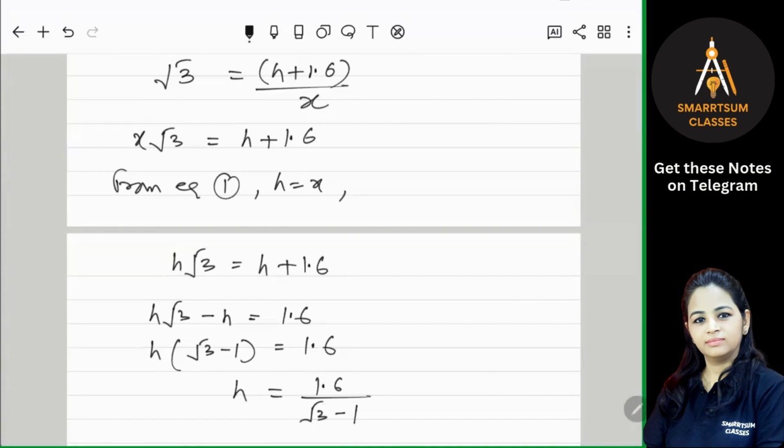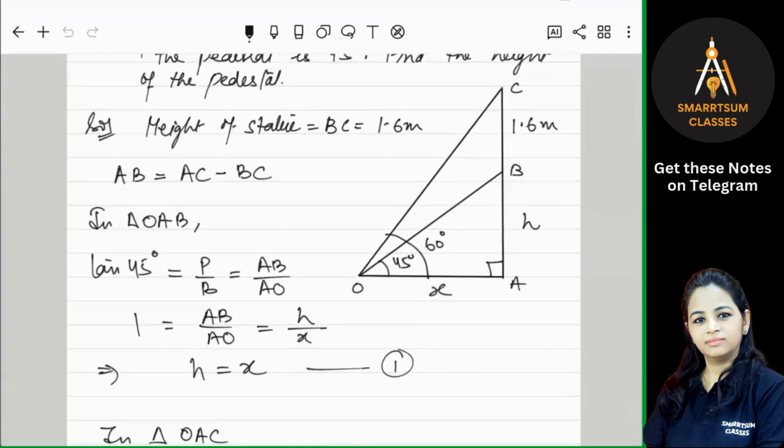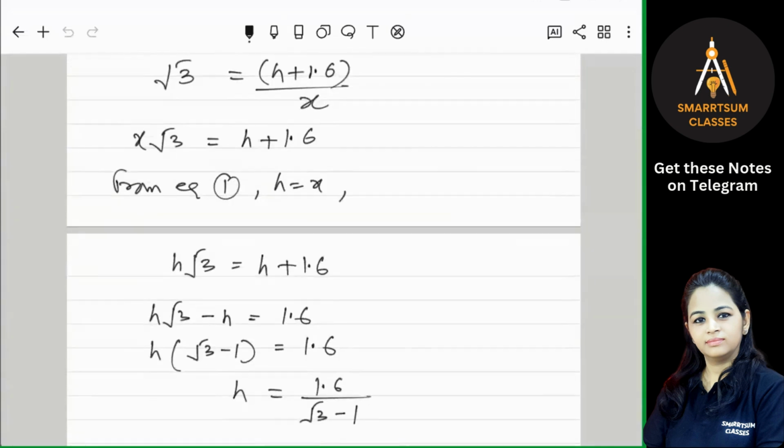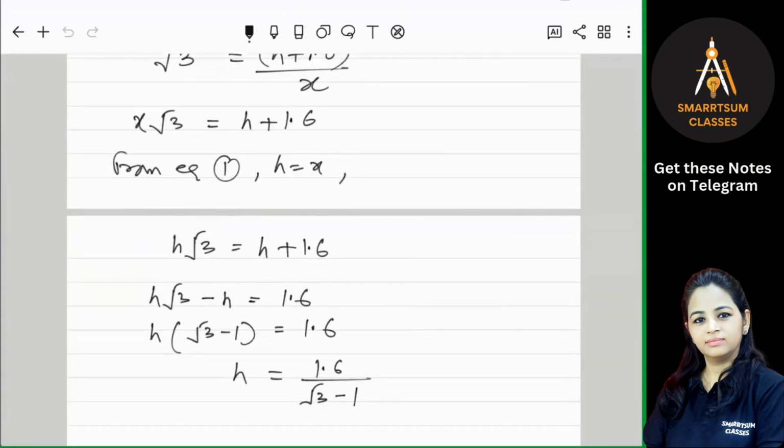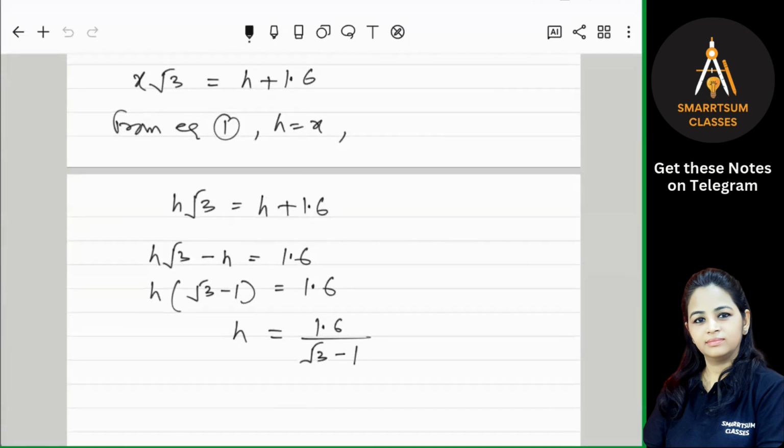Okay, are you getting this? Now, find it. So 1.6 upon root 3 minus 1: you can put the value here. Root 3 minus 1 is 1.732 minus 1. Okay.